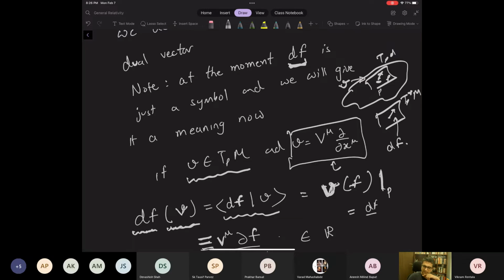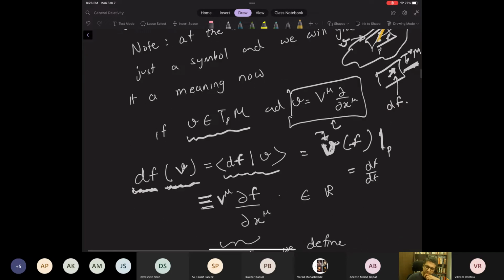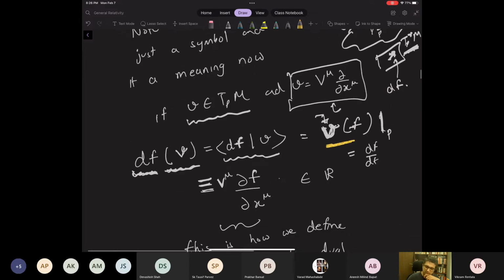This is like df dt along some curve, the curve which has v as its tangent vector. So that's what we define the inner product to be. We pick the dual vector from this vector space such that the inner product of this dual vector with the original vector v yields this quantity at the point p.